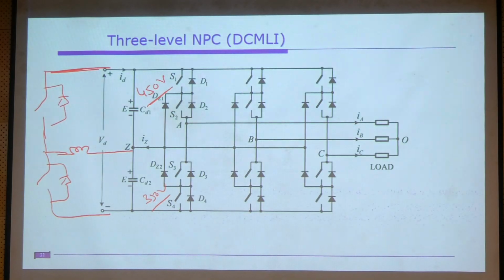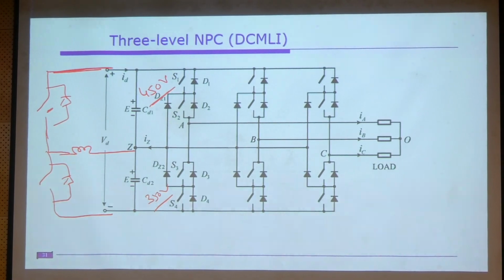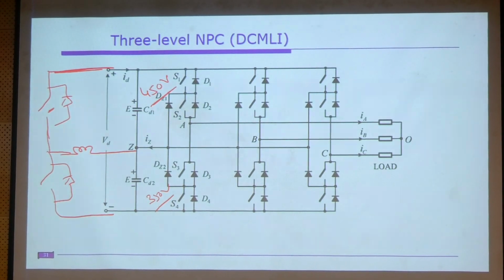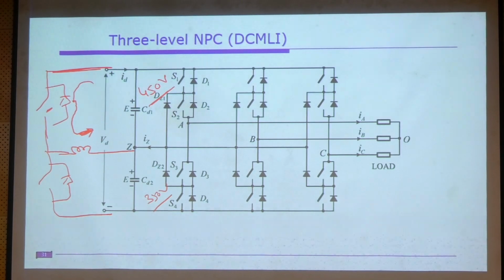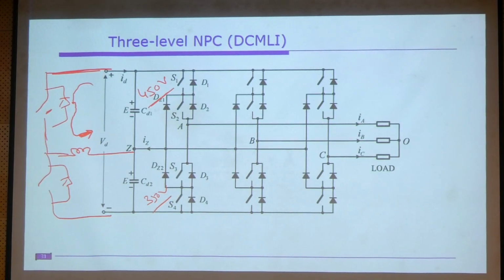Somehow one capacitor is excess charged, so what we do is turn on this switch. If we observe that one capacitor is exceeding the 400 volt limit, we turn on this upper switch. As you turn it on, this chopper circuit charges this inductor, and some energy is stored inside the inductor.